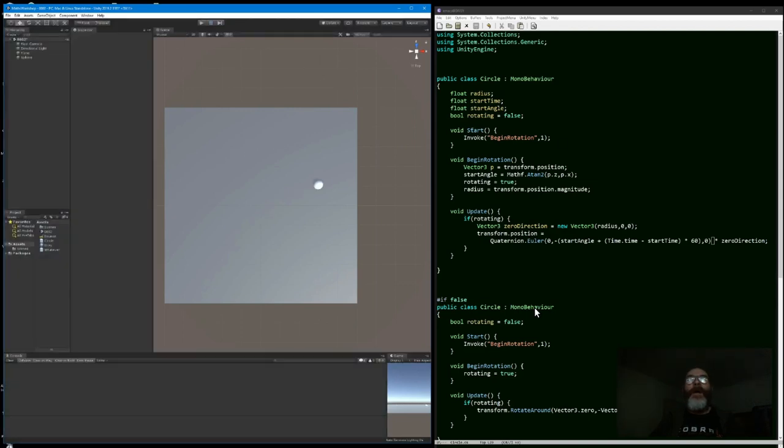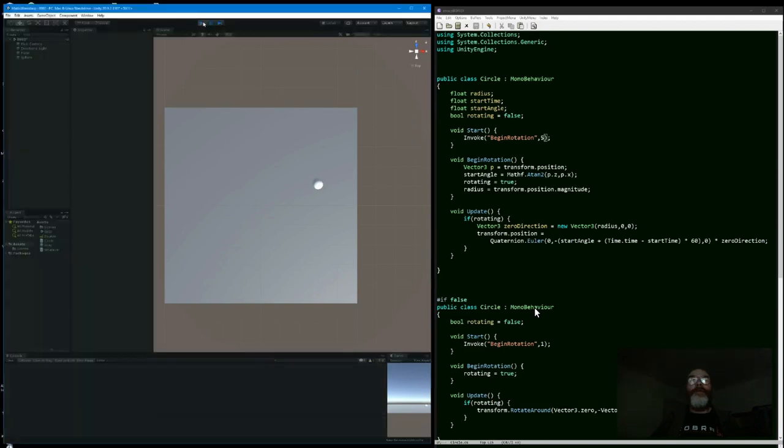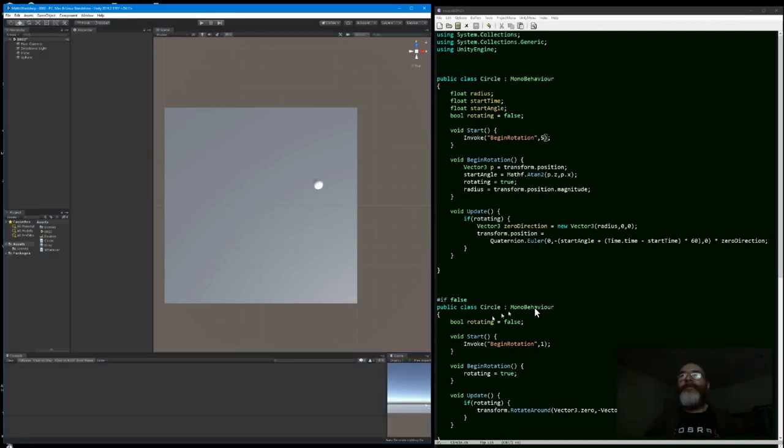Could have begin the rotation after 5 seconds. Yeah, it's not.